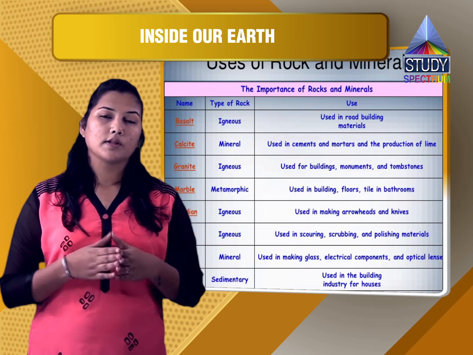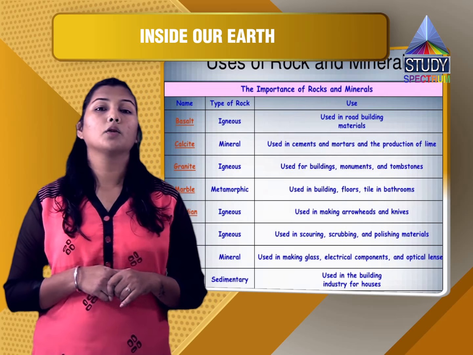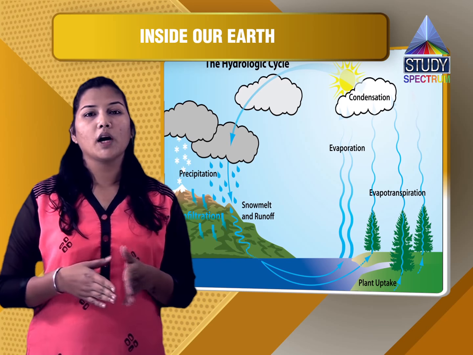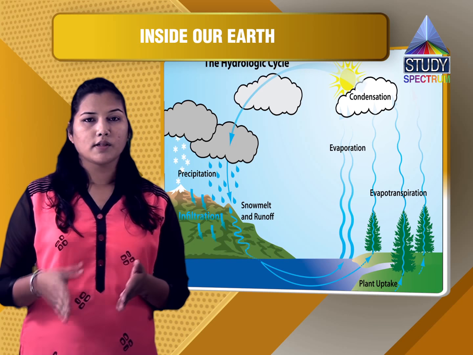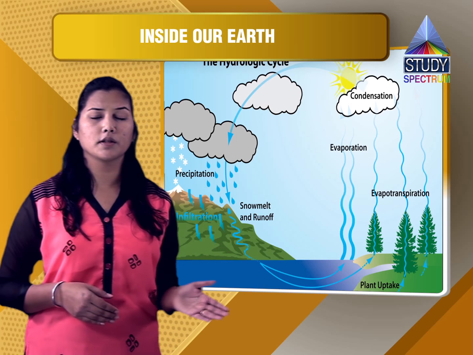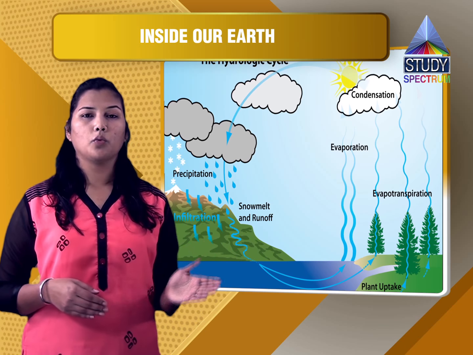Let's understand the rock cycle, but before we go ahead to the rock cycle, we're going to talk about the water cycle first. It will be easier for us to understand the rock cycle in correlation with the water cycle. We see water in river, sea. All this water, what happens?